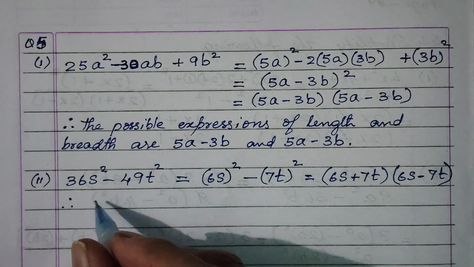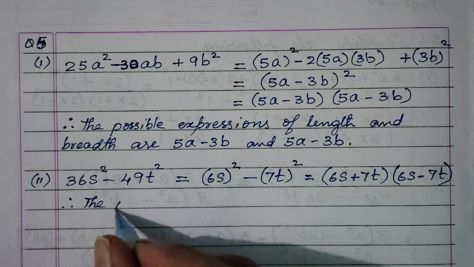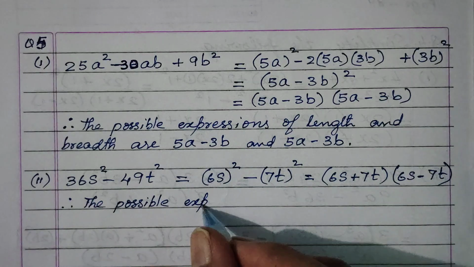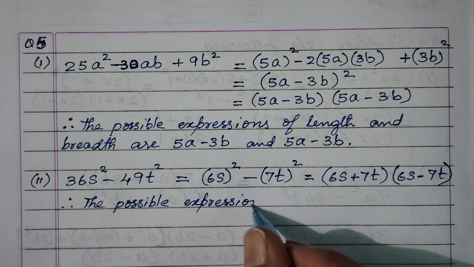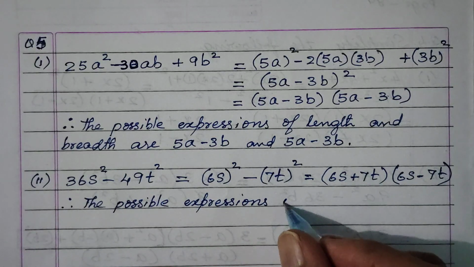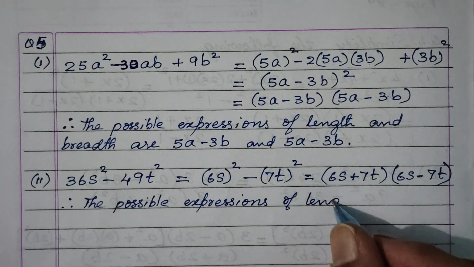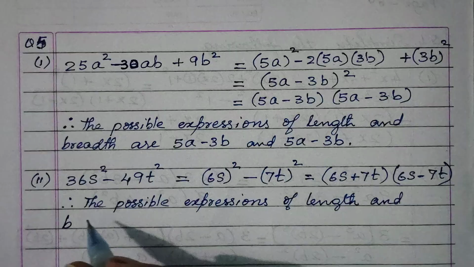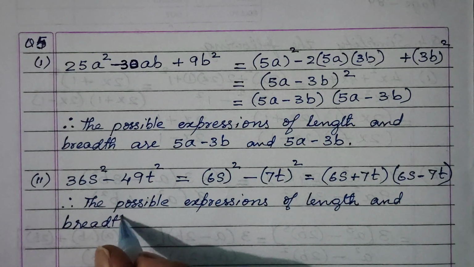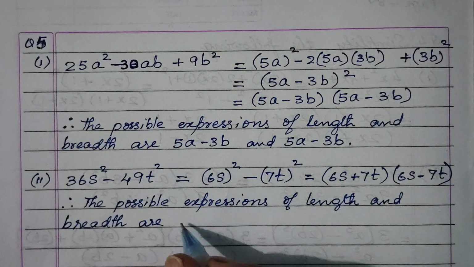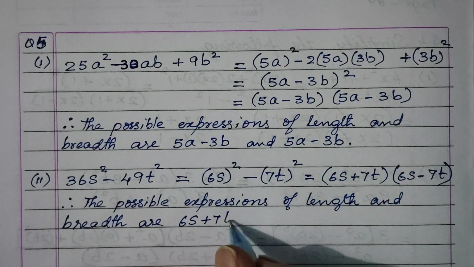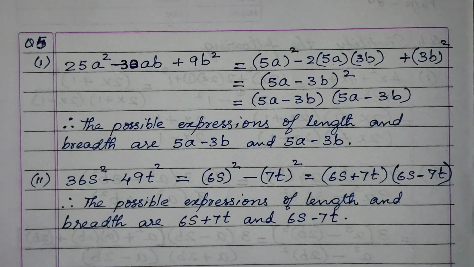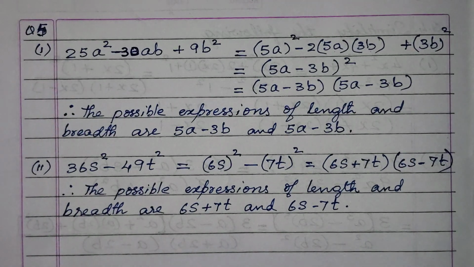Therefore the possible expressions for length and breadth are 6s plus 7t and 6s minus 7t. So next we will go to the question number 6.